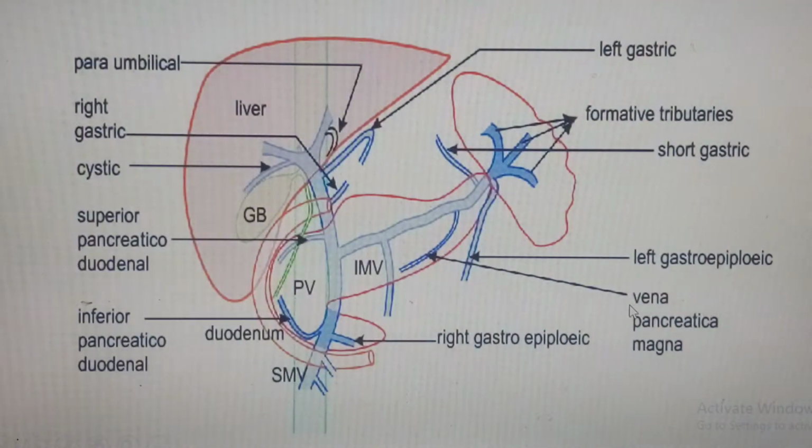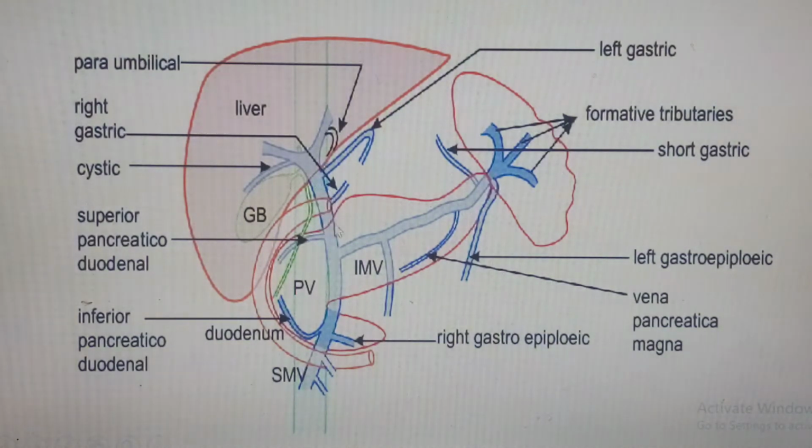Now, although we've not done the arterial supply, let us look at the veins. One thing you should know is the portal vein, which is formed behind the neck of the pancreas. This is the pancreas, and this is the neck of the pancreas. The portal vein is roughly 8 centimeters long.